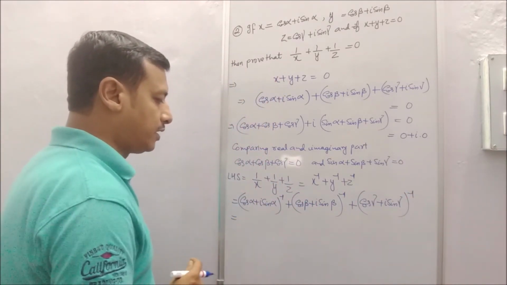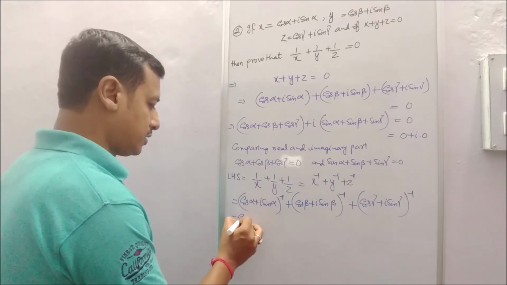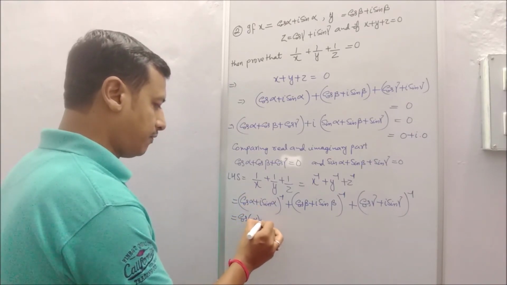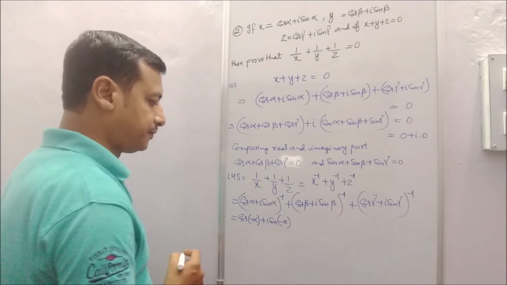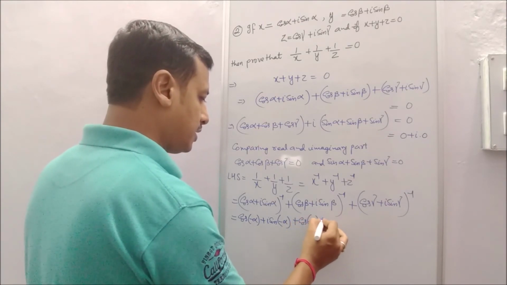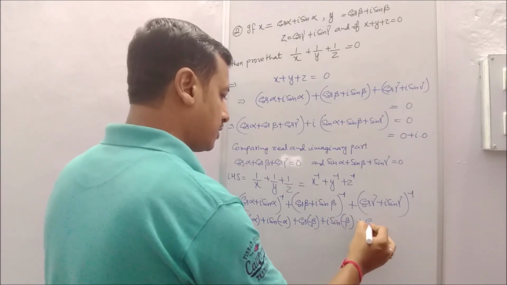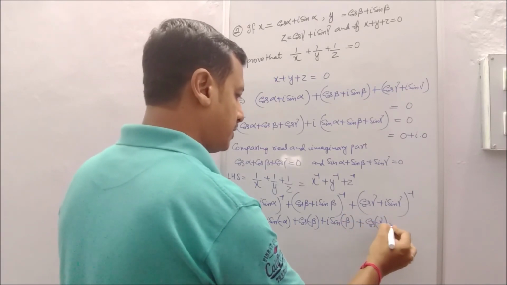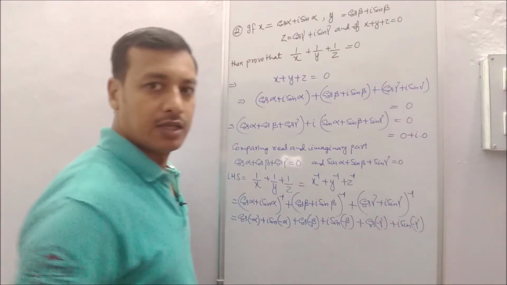So as we know that using the de Moivre's theorem, this is cos minus of alpha plus I sin minus of alpha, cos minus of beta plus I sin minus of beta, cos minus of gamma plus I sin minus of gamma.